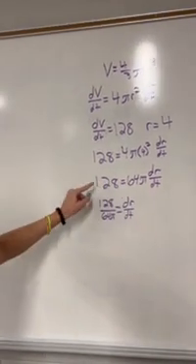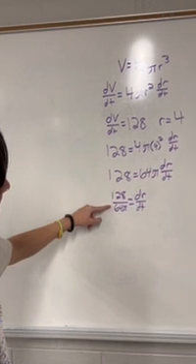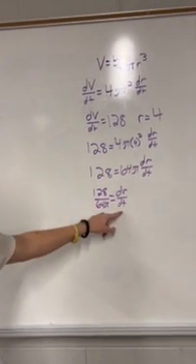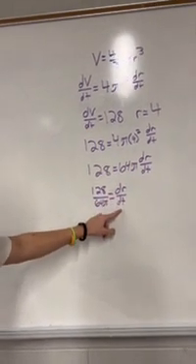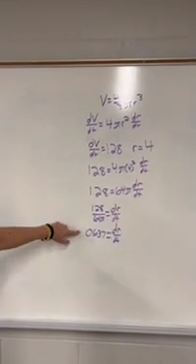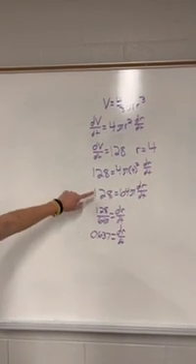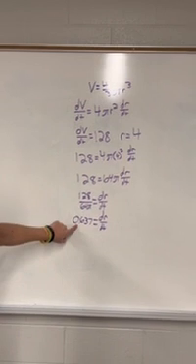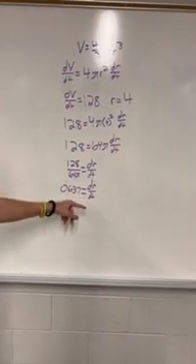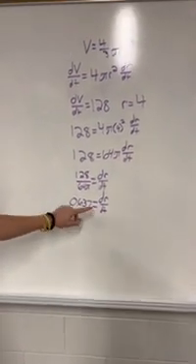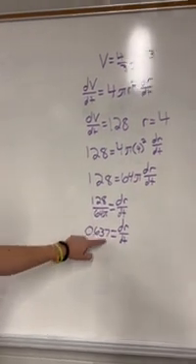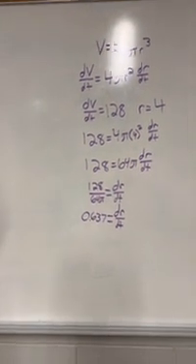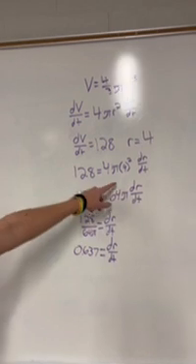So we have to divide 128 by 64 pi to get the rate that the radius is changing at. So now when we plug this into our calculator, we get 0.637 equals dr over dt. So that means that the radius is changing at 0.637 centimeters per second when the radius is 4.